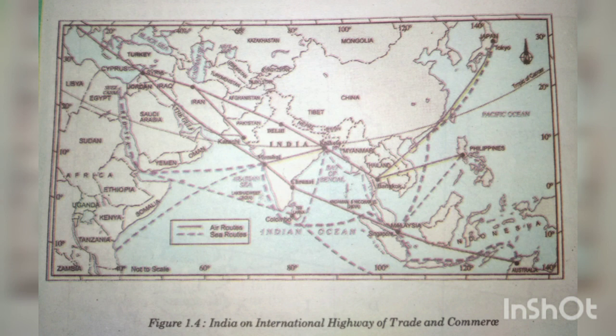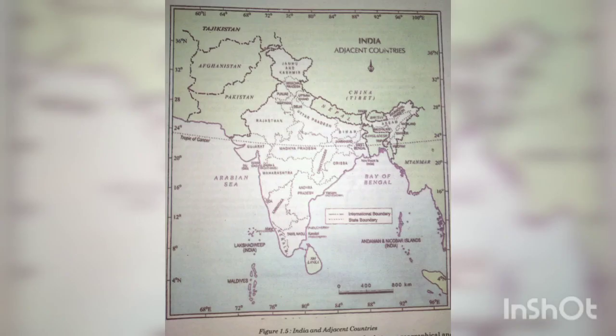The ideas of the Upanishads and Ramayana, the stories of Panchatantra, the Indian numerals, the decimal system, all these went from India to different parts of the world. The spices, the muslins, and other merchandise were taken from India to different countries.